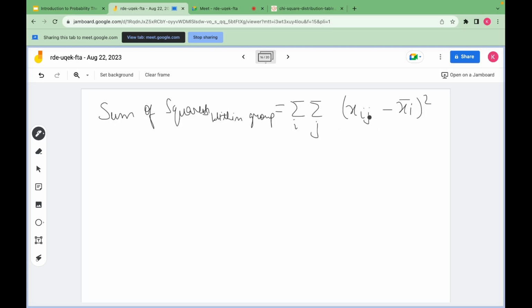So these xij values are for group i. We will go through all the values and see their difference with the group mean.